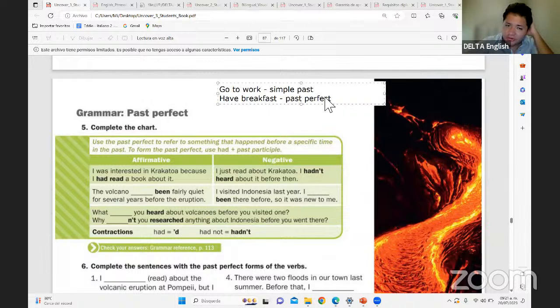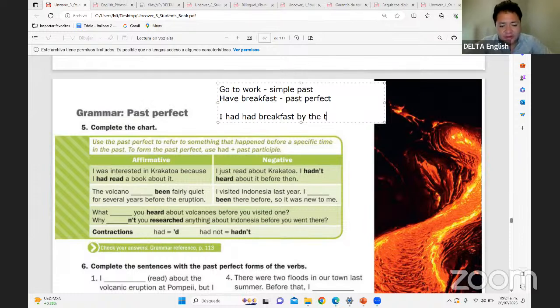Okay. So for example, here you would make the sentence like this. I had breakfast. Te voy a explicar por qué those had breakfast. By the time I went to work, all right.